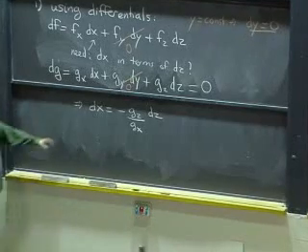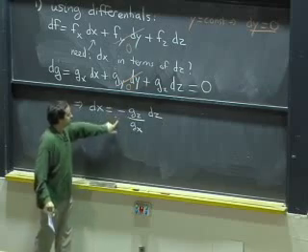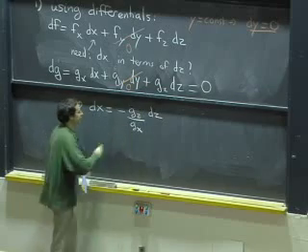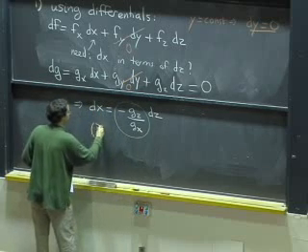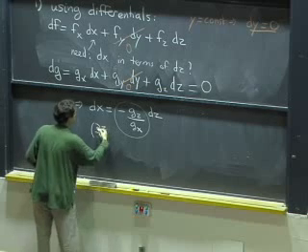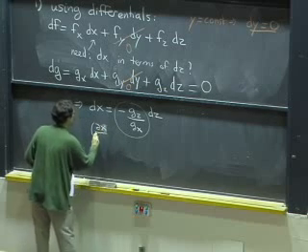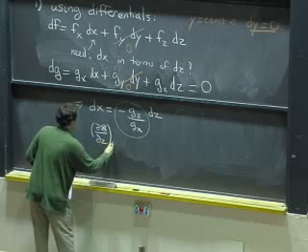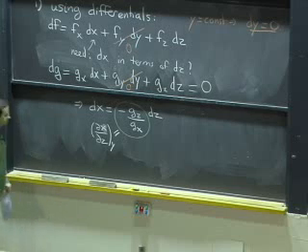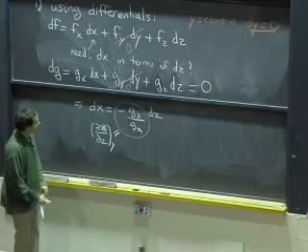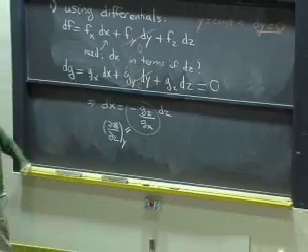If you want, this is the rate of change of x with respect to z when we keep y constant. In our terminology, this is partial x over partial z with y held constant. This is the rate of change of x with respect to z.